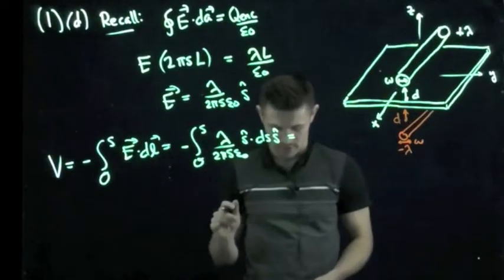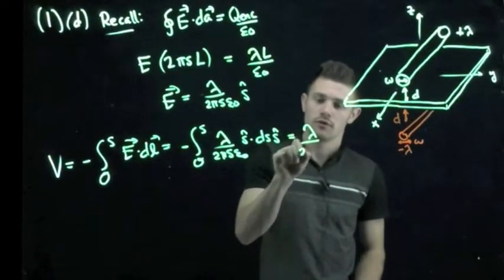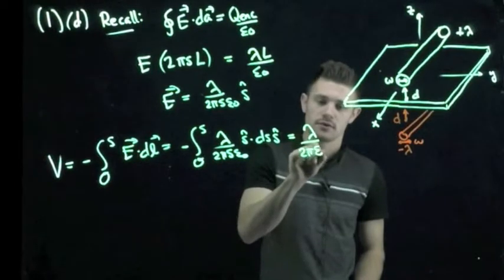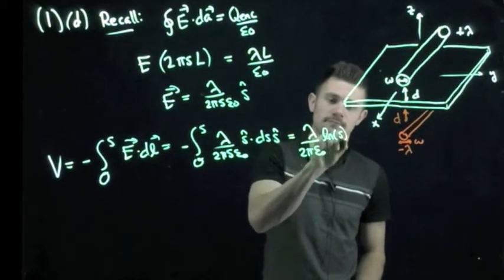So this ends up giving us lambda over 2 pi epsilon naught logarithm of s.